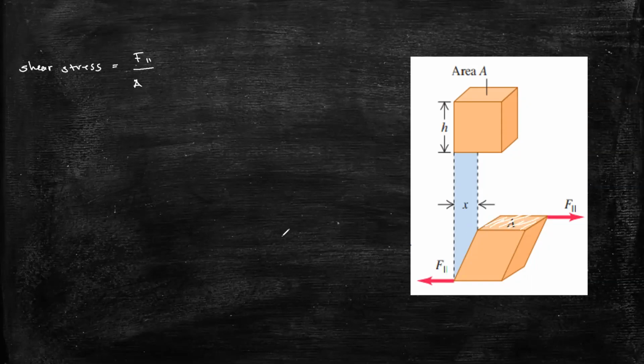Just imagine two plates. Let's say you have two plates here being connected by a rivet. Just imagine like that.